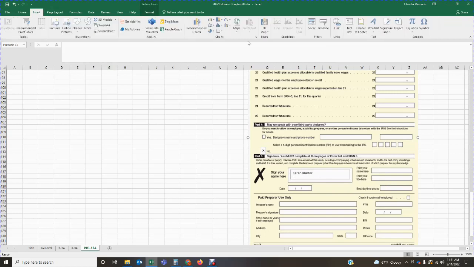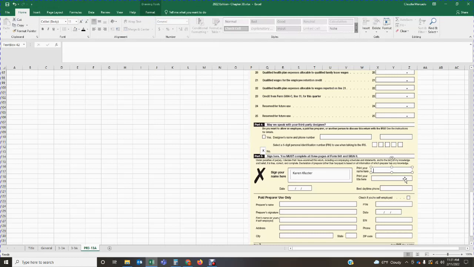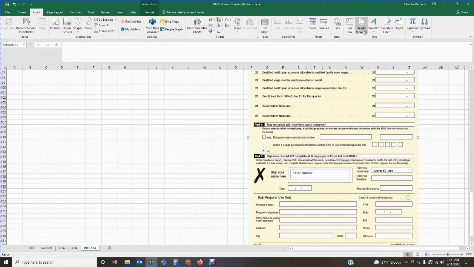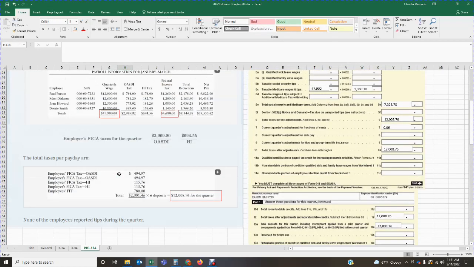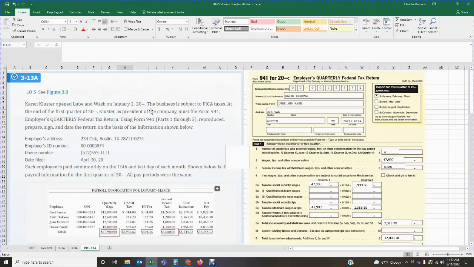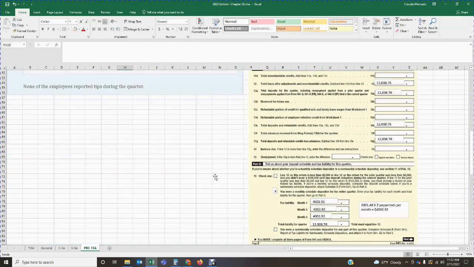We type the name of the person, and make sure you don't forget this, because if not, you're going to get points deducted for something very simple. The title of Karen is president. It says that Cluster is the president of the company. That's where I'm getting that information.